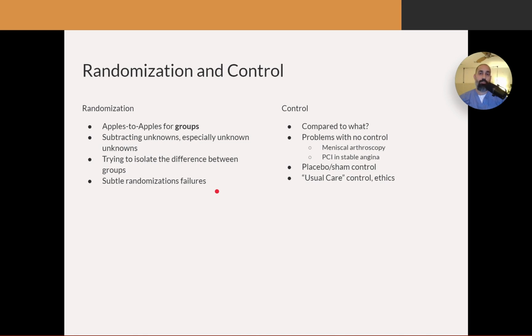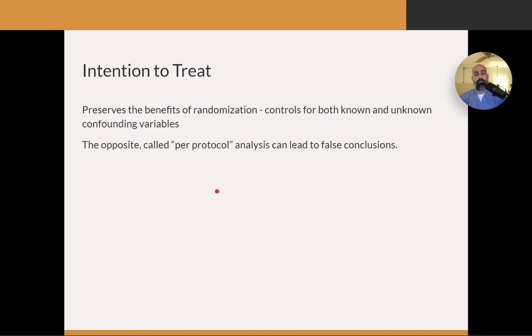The power of placebo is very strong, and what we found in this Orbita trial is that all of the benefits of PCI for stable angina that we had been doing for a number of years were all equivalent to placebo. And the same was found for arthroscopy for meniscal injuries. No better than a sham surgery, but both groups, the sham surgery and the actual surgery, did improve. Enough said.